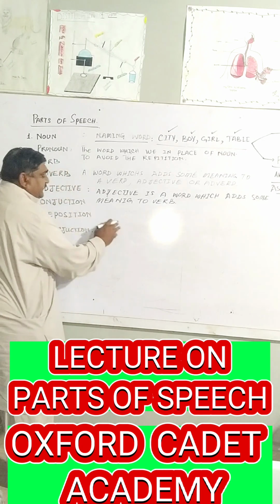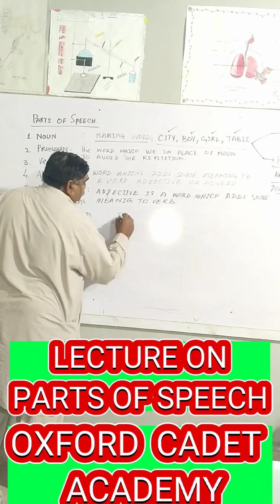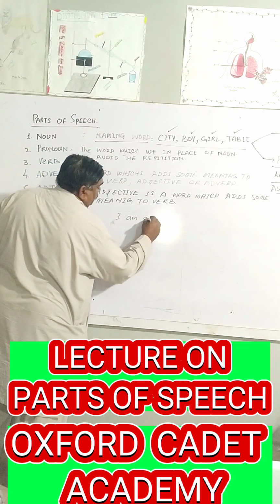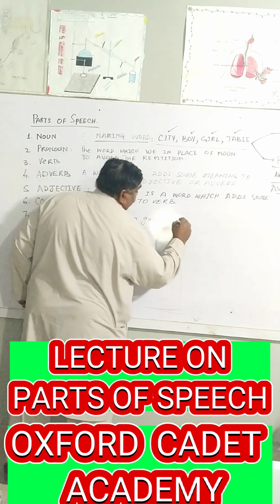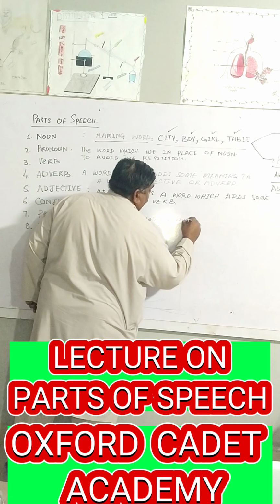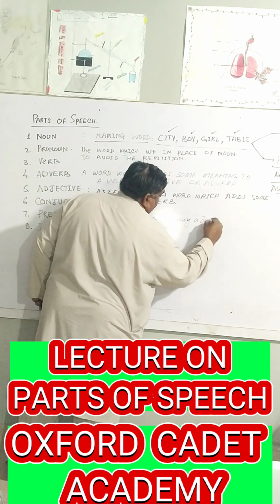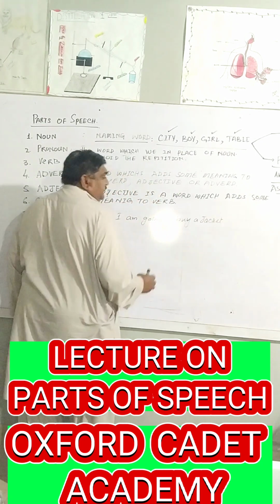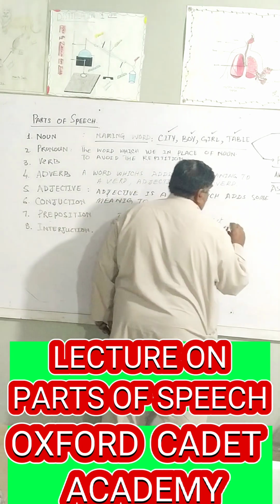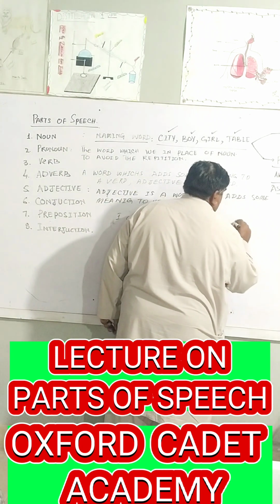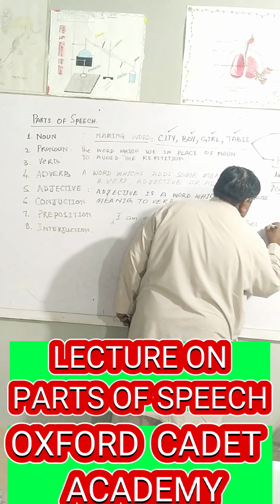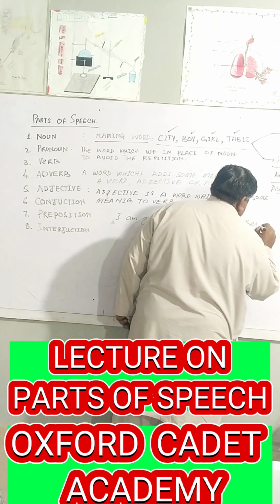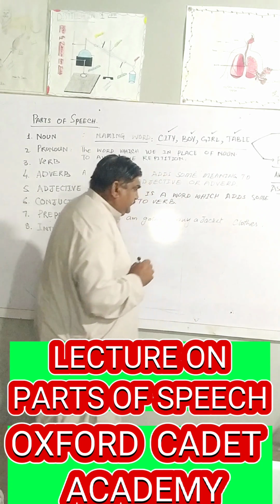If I have a sentence, for example, I am going to buy a jacket. Clothes. Jacket, clothes, right?